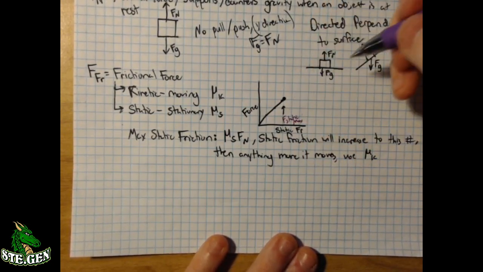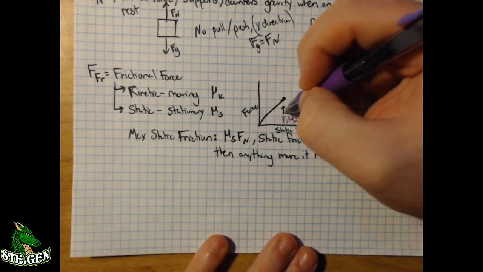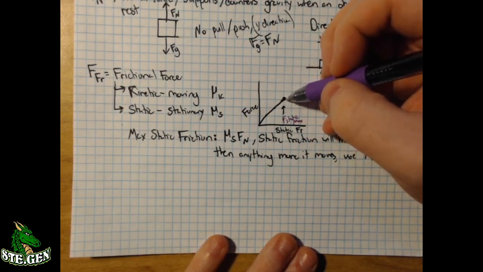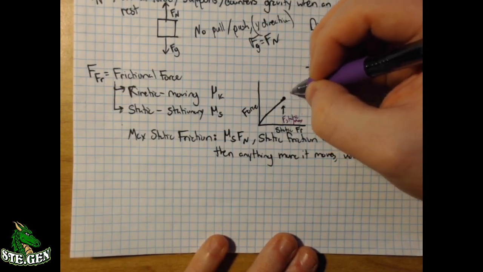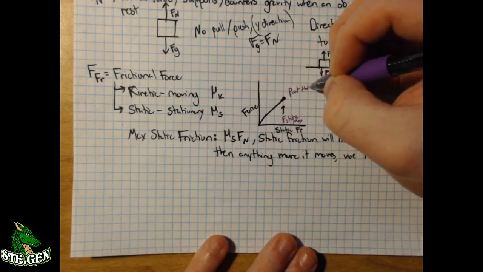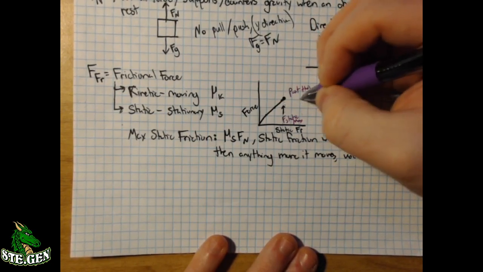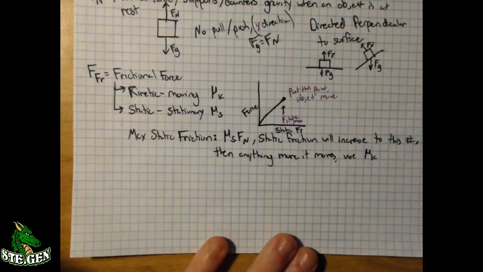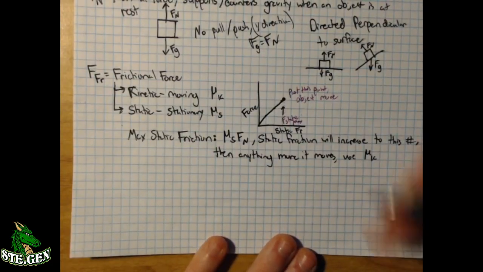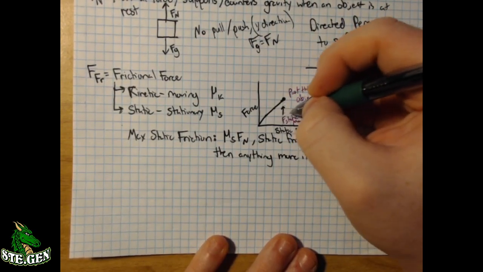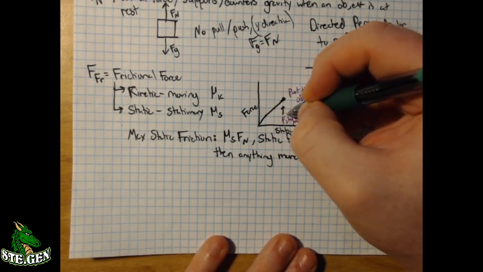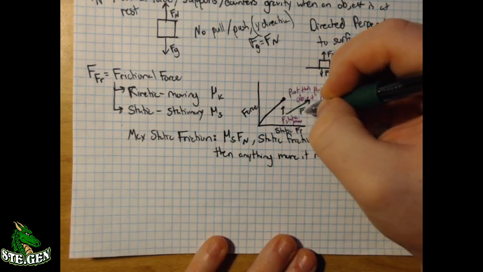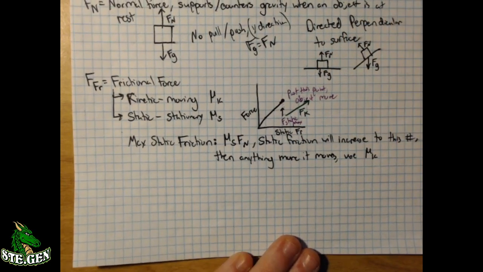And once you go beyond that point, your force can increase, but your static friction is no longer going to do that. Past this point, the object is going to move, and we'll actually switch to kinetic friction, and it will probably be lower down here because this kinetic friction is going to have a lower coefficient. It'll actually jump down here, and you'll have force of kinetic friction that will increase down here.